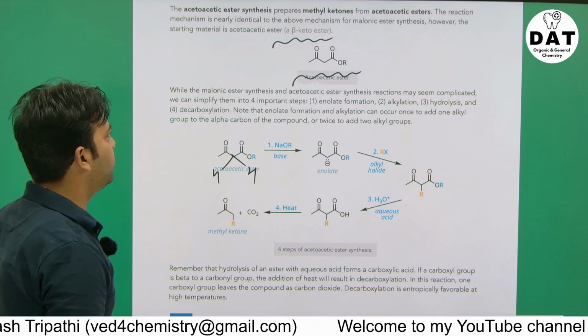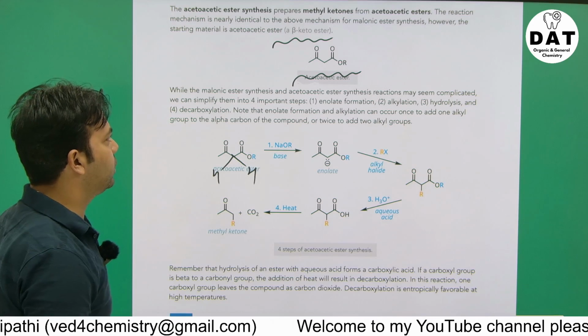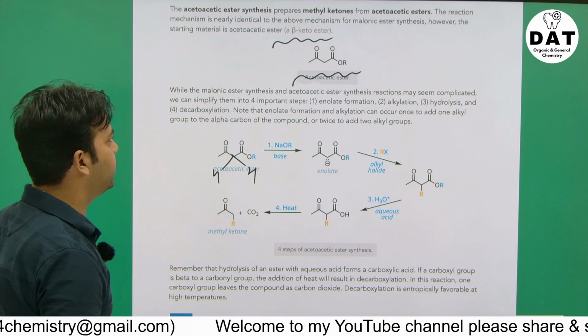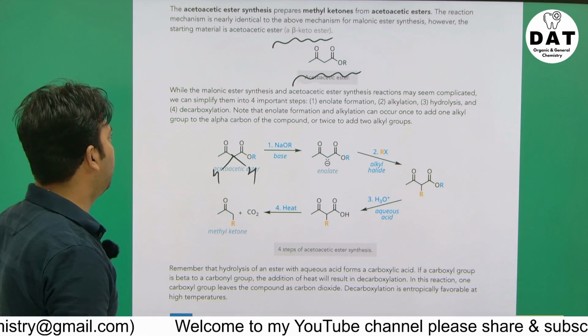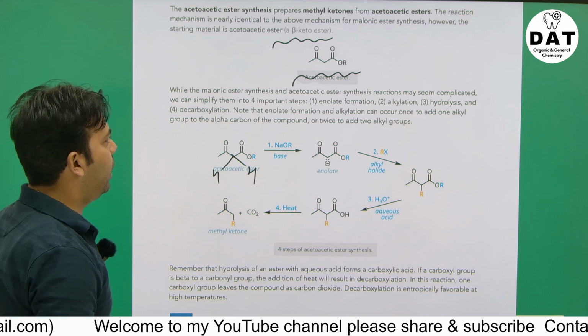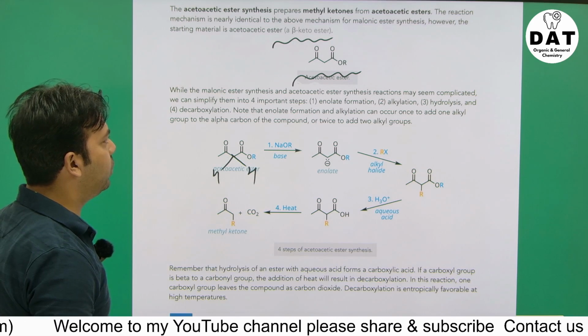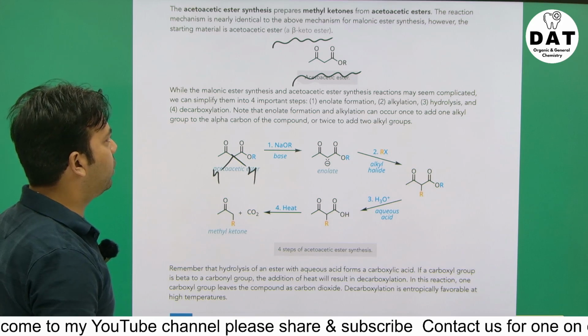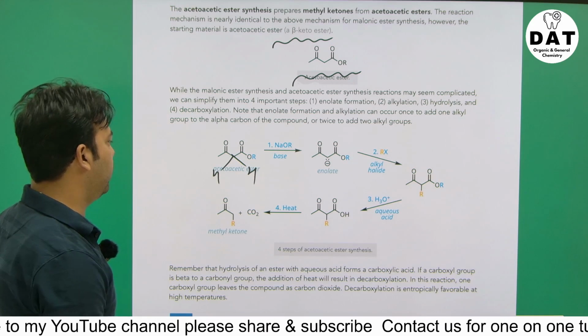While the malonic ester synthesis and acetoacetic synthesis reactions seem complicated, we can simplify them into 4 important steps. First, enolate formation, second, alkylation, third, hydrolysis, and fourth, decarboxylation. Note that enolate formation and alkylation can occur once to add one alkyl group to the alpha carbon of the compound, or twice to add 2 alkyl groups.